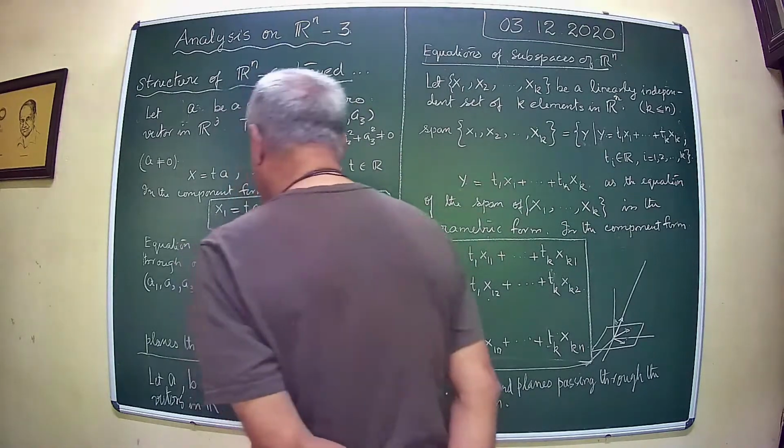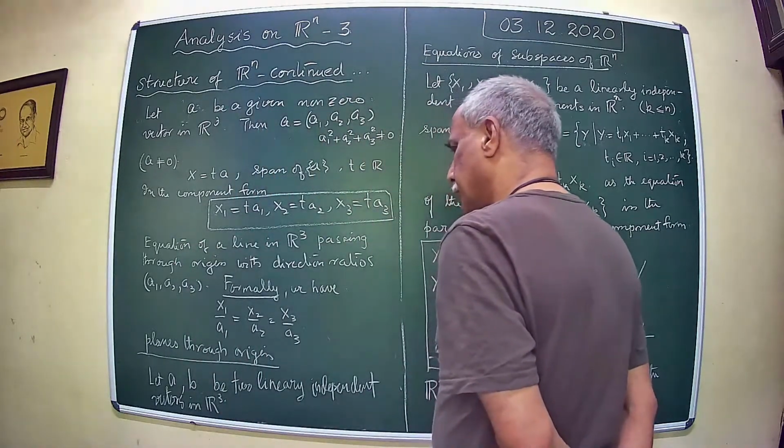Now what is the parametric form of the span of the vectors A and B?